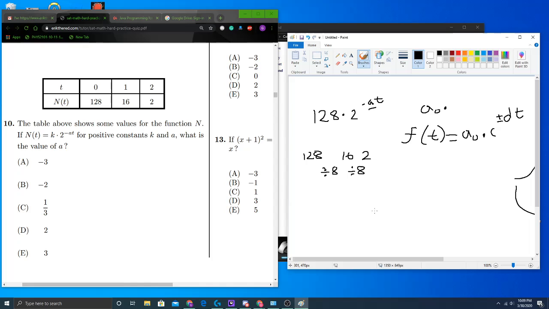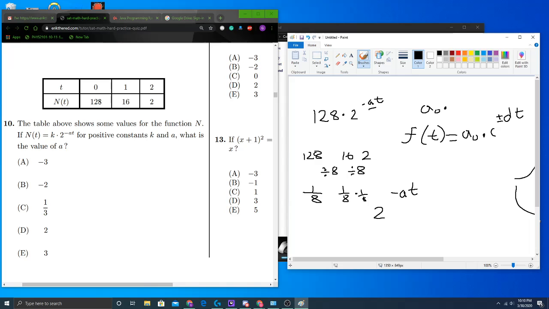Let's do 2 to the negative at. We know that every time you increment t, you're multiplying by 1/8. So at 1, you're multiplying by 1/8. And at 2, you're multiplying by 1/8 times 1/8, because you're dividing by 8 once more. Like 128 divided by 8 is 16.